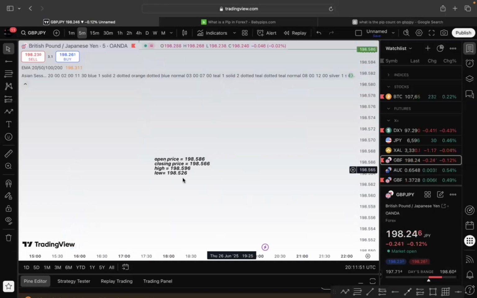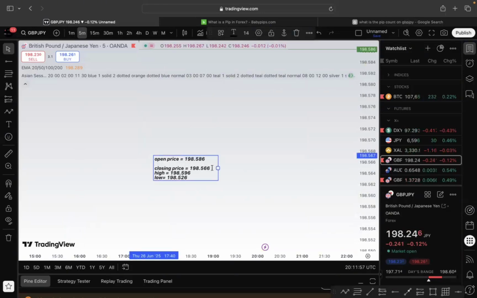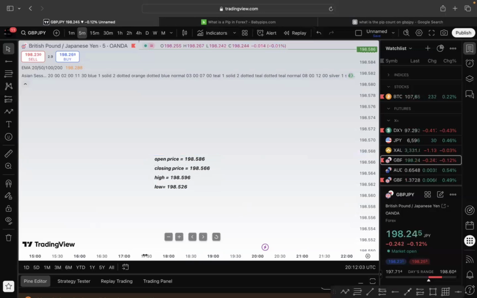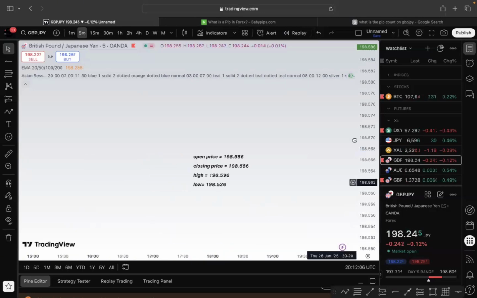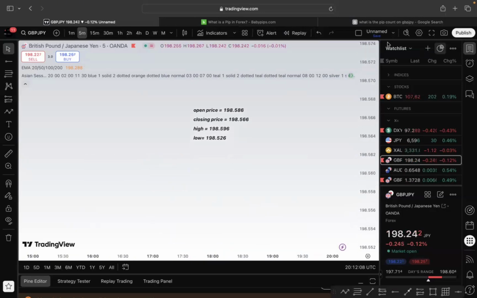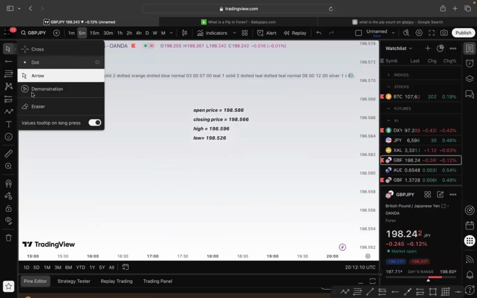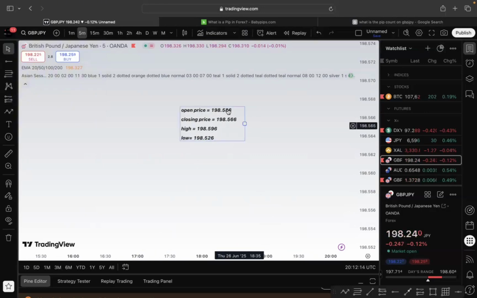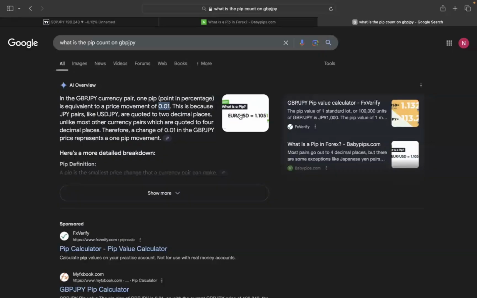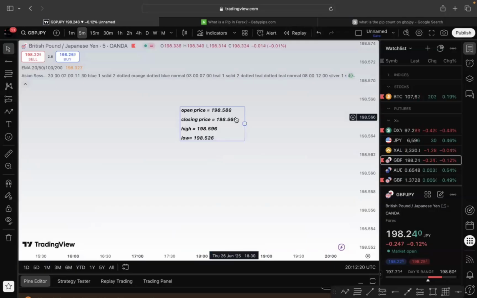The first thing we look at is the number of pips between the opening price and the closing price. Now for GBP/JPY, we identified that the pip count is from the second decimal place, and the third decimal place would be the pipettes.